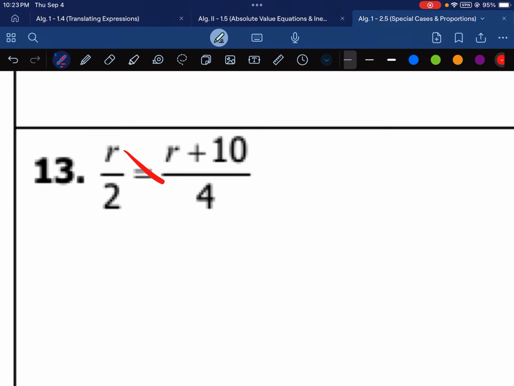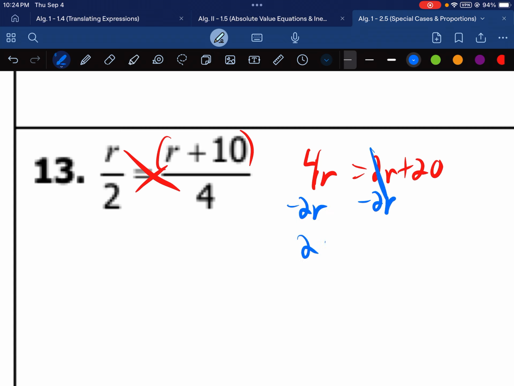Number 13, diagonally r times 4 is 4r. And the other diagonal gives us 2r plus 20. We're going to subtract 2r from both sides, and I get 2r equals 20. Divide by 2 on both sides, and I get r equals 10.